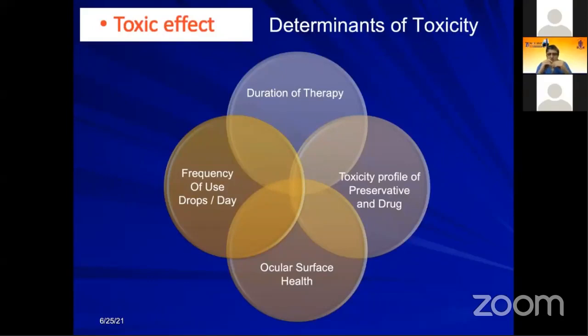Therefore, we need to be selective and cautious when we are using medications in patients with dry eye, so that we can reduce the number of preservatives that we load on the ocular surface and reduce the use of toxic surface medications.